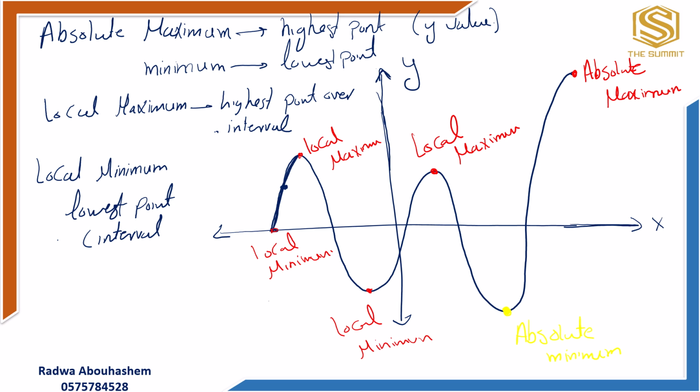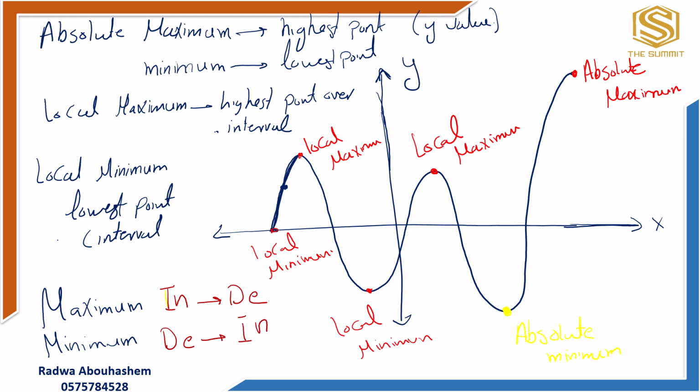Maximum means, and you have to know this, that you are changing from increasing to decreasing. So increase to decrease. And minimum means from decrease to increase. Okay, so again, I'm increasing here.